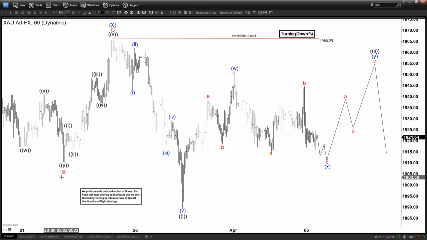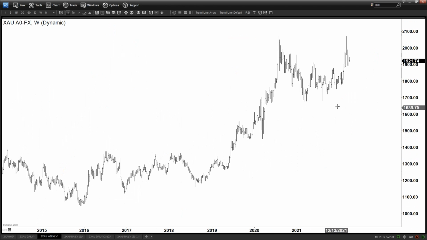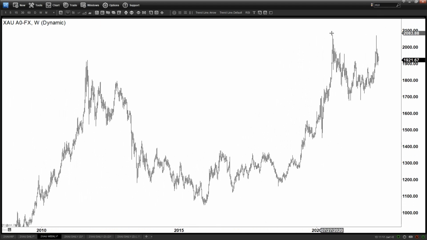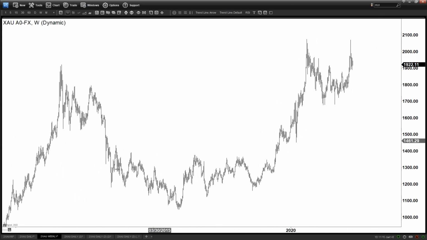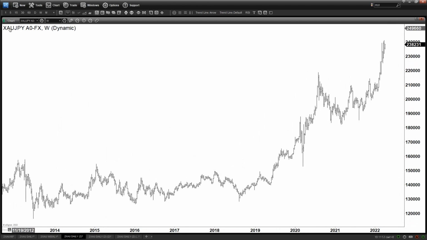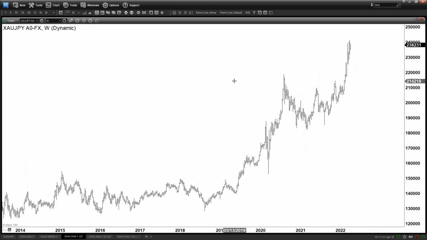Now let's zoom out a little bit and see what we got. So we got gold here on the weekly time frame, right? And almost breaking the previous all-time high. And now if you look at gold against other currencies, like gold against the yen, for example, this is gold against the yen, XAU JPY, already breaking to a new all-time high.